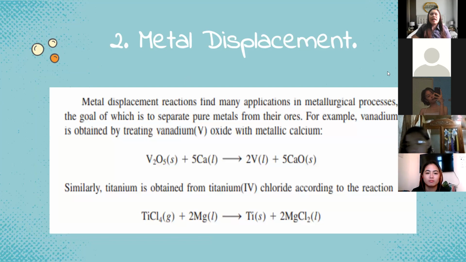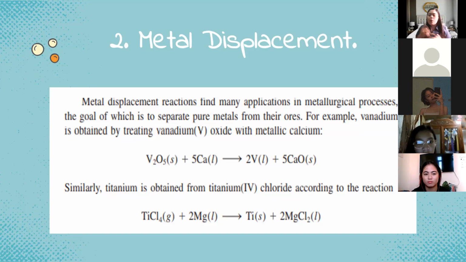So actually, ginagamit ito ng mga scientists ang metal displacement to obtain pure metals from their ores. Kasi yung mga metals natin, kung sa nature sila, they are actually deposited as minerals sa nature, but they are combined with other elements also.